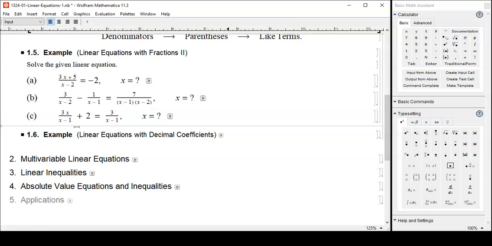How about C? Well, we went through a couple of examples already, so stop the playback and do it on your own.